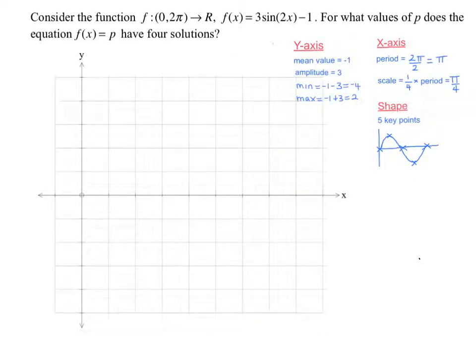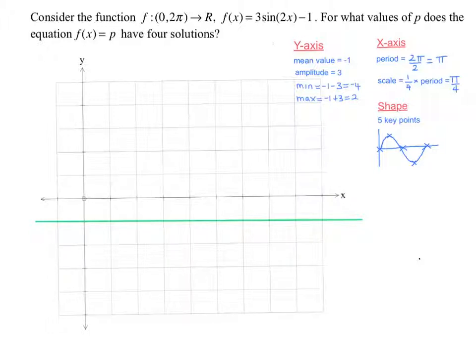We start by identifying where the mean value is, and that's found at -1 right there. So we'll just lightly put in a line there to indicate where the mean value is.